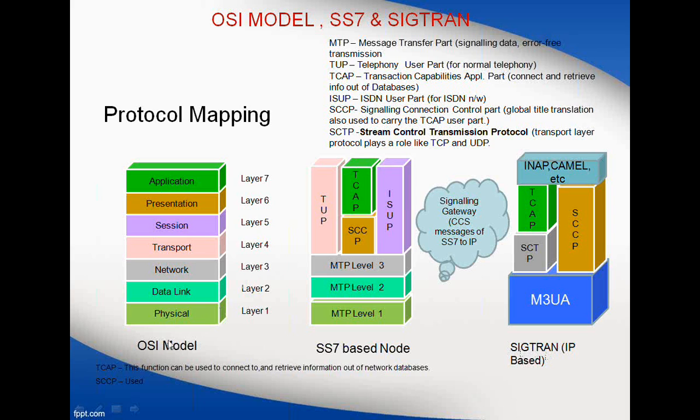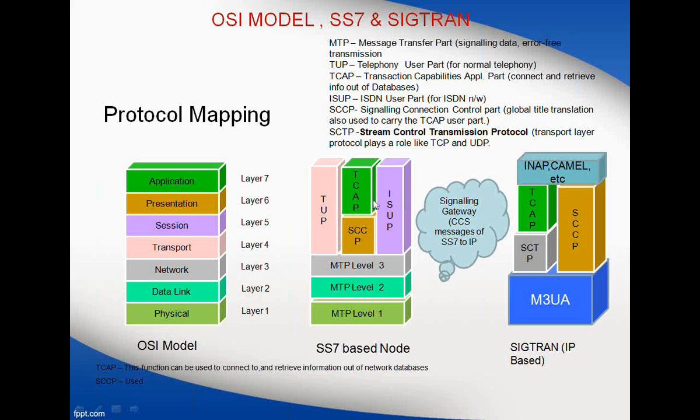But basically the derivative would be the OSI model, because this takes care of everything from the Ethernet cabling to the application and the routing. Everything is embedded within the OSI model, and that is the reason I am keeping the OSI model as the base and mapping it along with SS7.